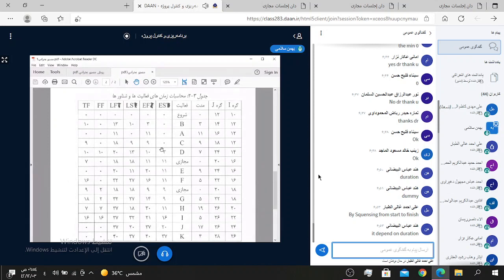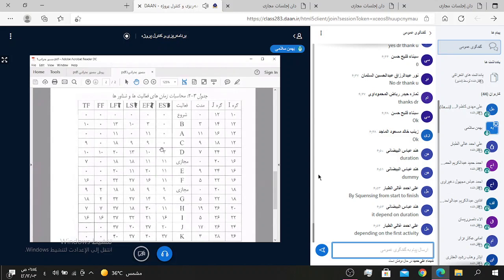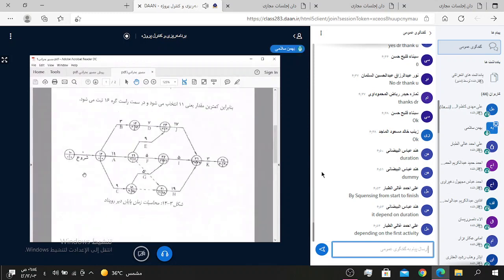By sequencing from start to finish. It depends on duration, depending on the first activity. I think you didn't understand my question. I said, how can I find the ES from the activity? As you see, we find the ES for node, not activity.